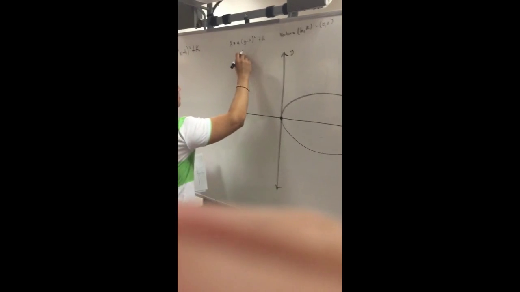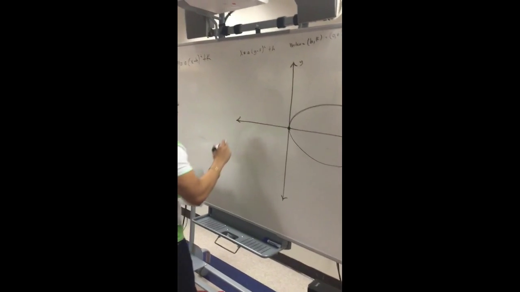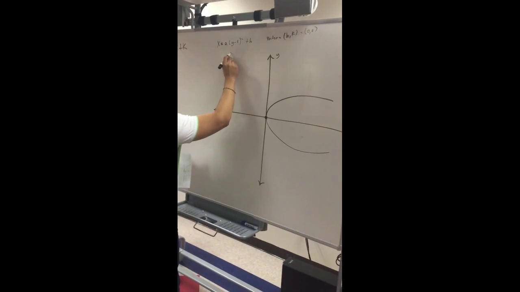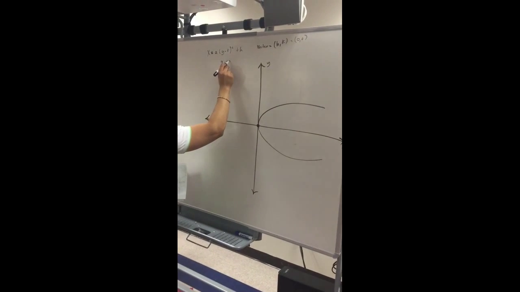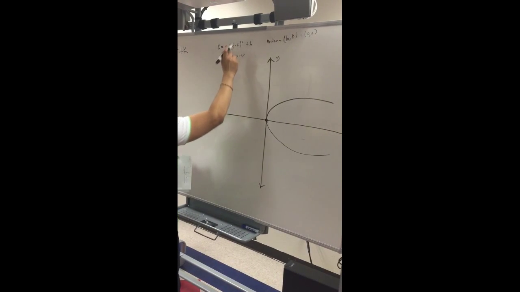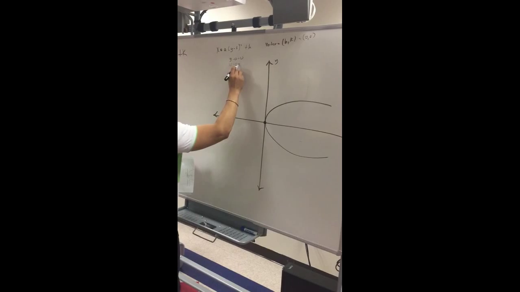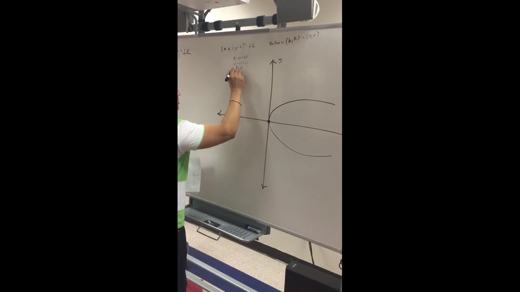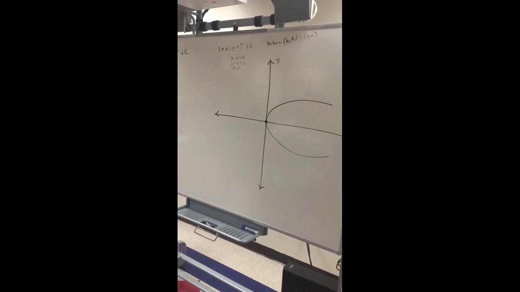Another thing that we can derive from here is the axis of symmetry. We know that y minus 0 equals 0, because k is 0, and 0 minus 0 is 0, so y is equal to 0. That's going to be our axis of symmetry.